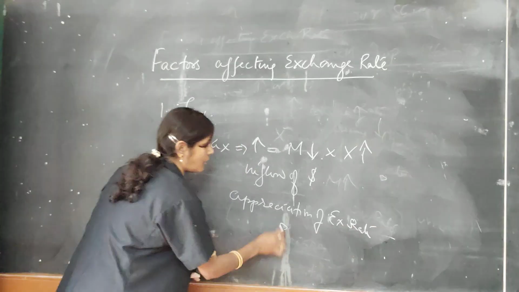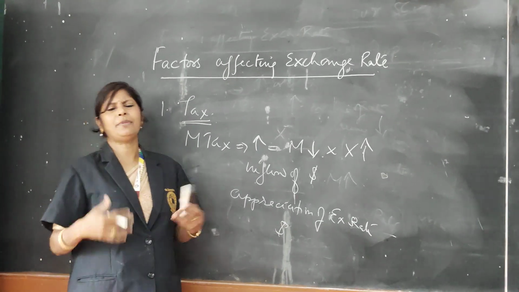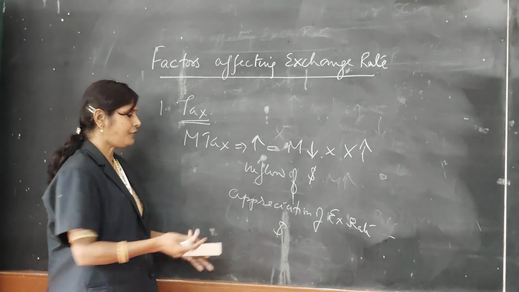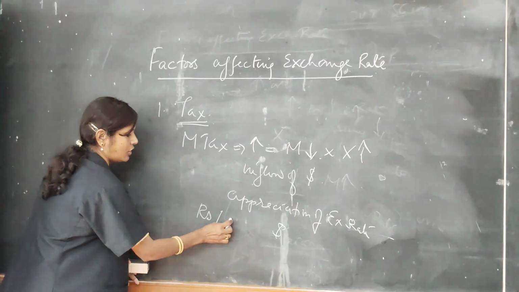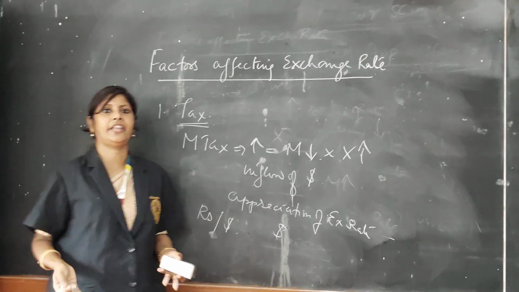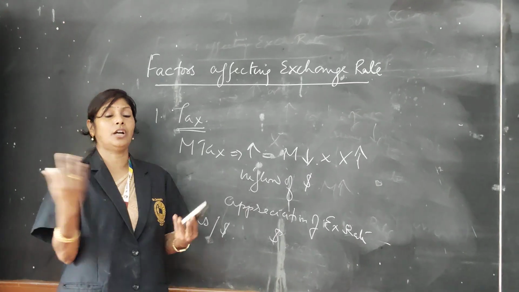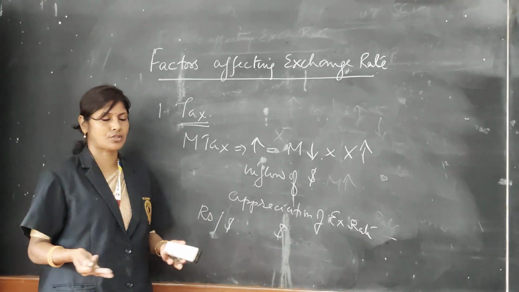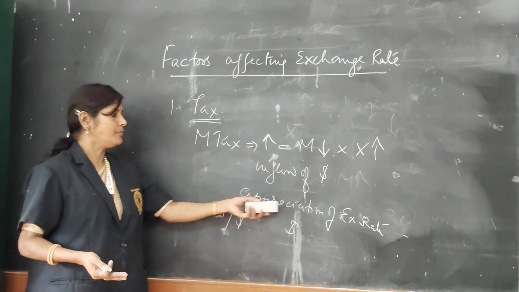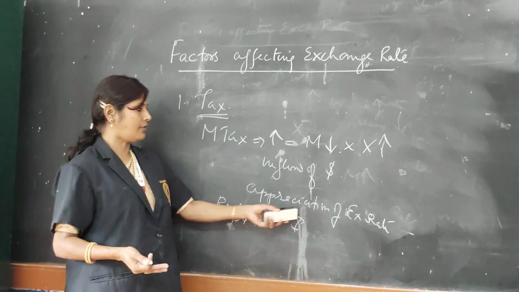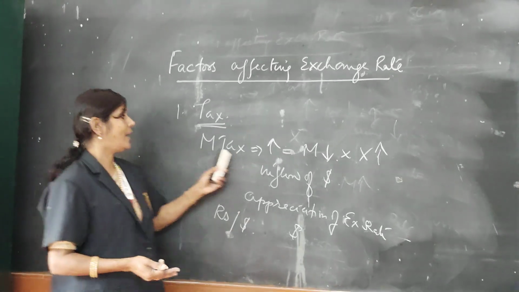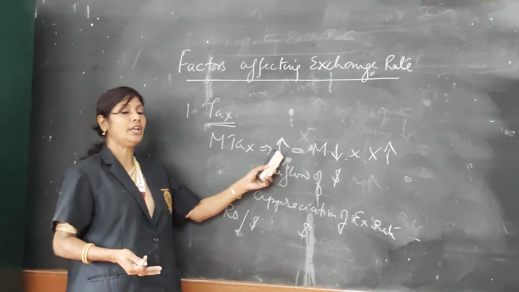Here we are talking in terms of dollars because I'm explaining the situation of the Indian rupee to dollars, because Indian people are trading with other countries in terms of dollars. So our dollar value will appreciate when there is an import duty increase.